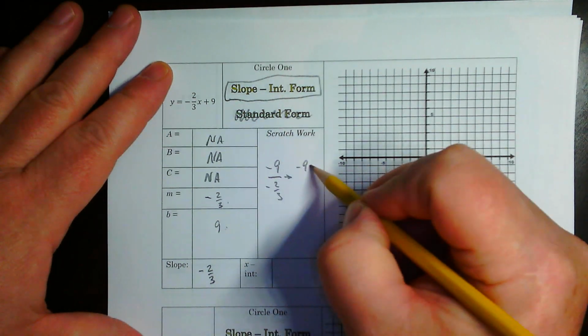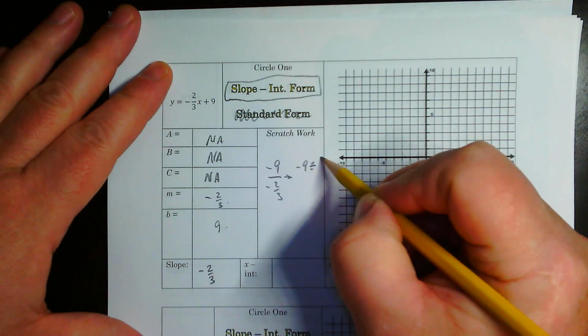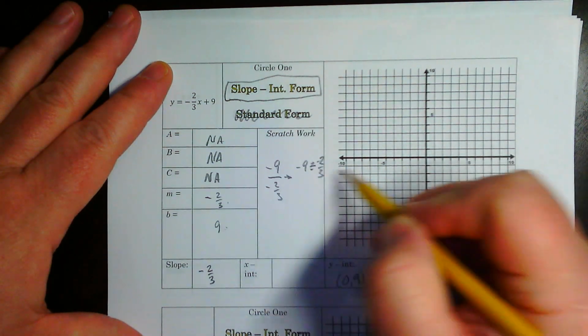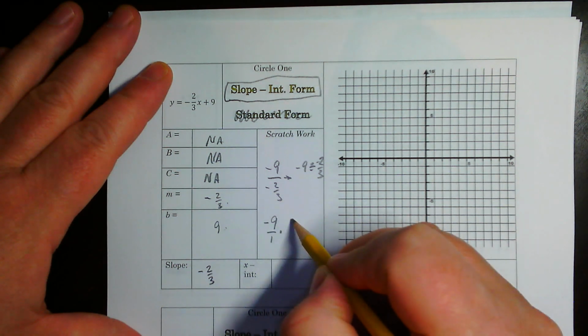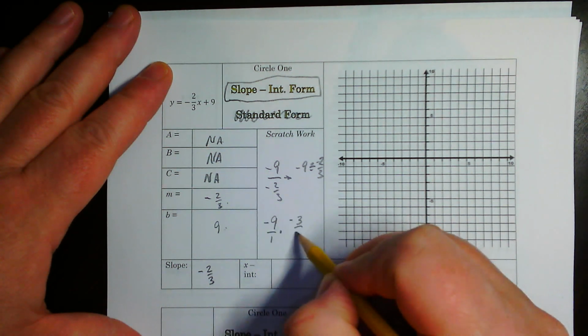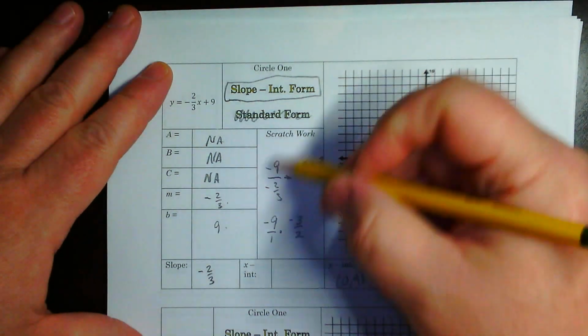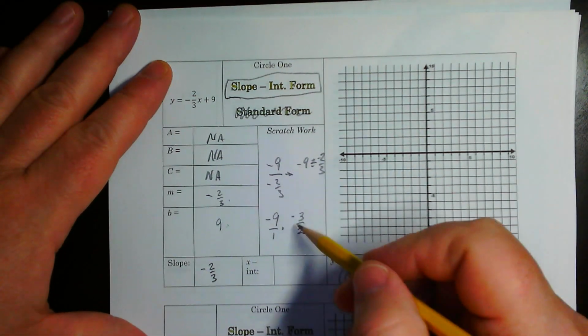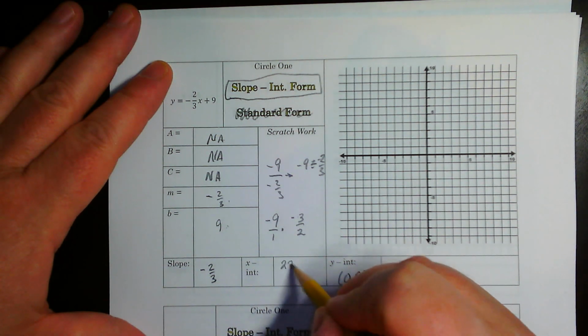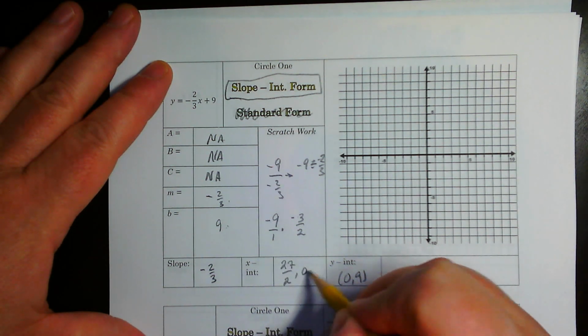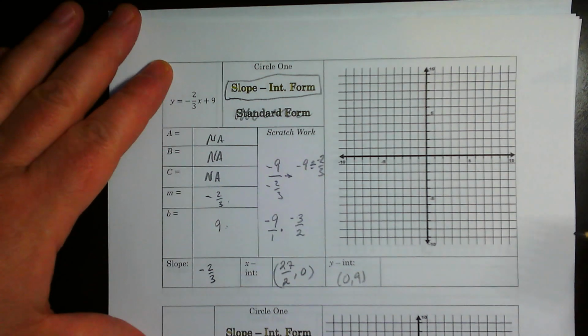It's negative 9 divided by negative 2/3. And the way you divide is you multiply by the reciprocal. And that's what the scratch work area right here is for. So a negative times a negative is positive. So we've got 27 over 2, comma 0, 13 and a half, right?